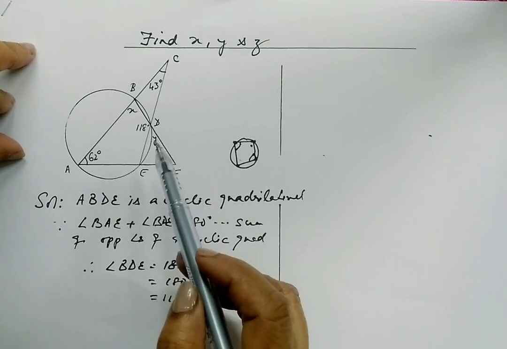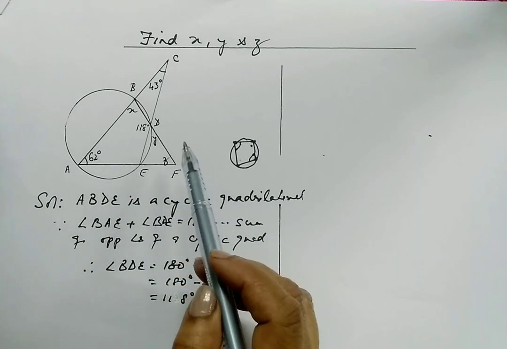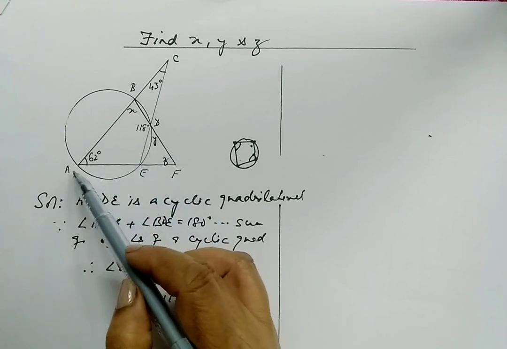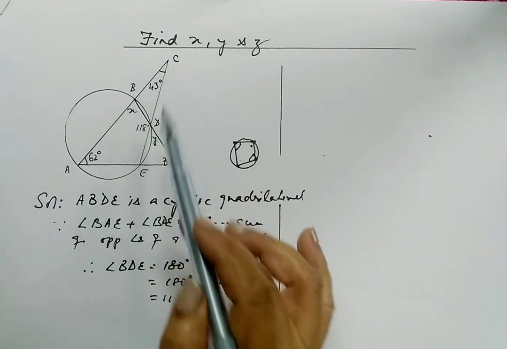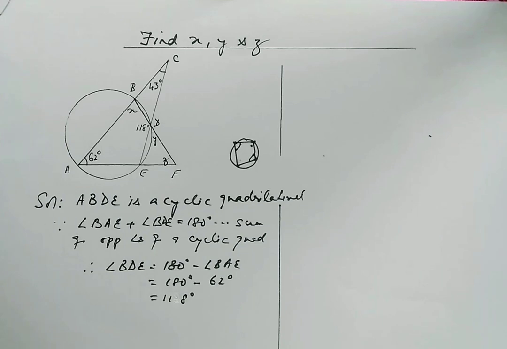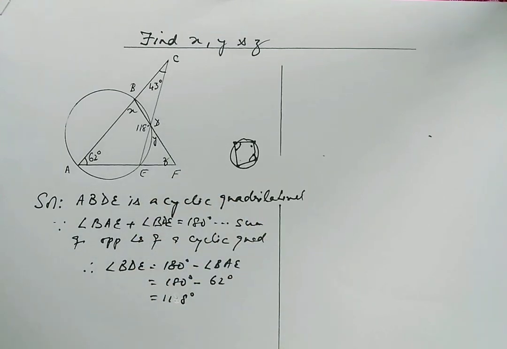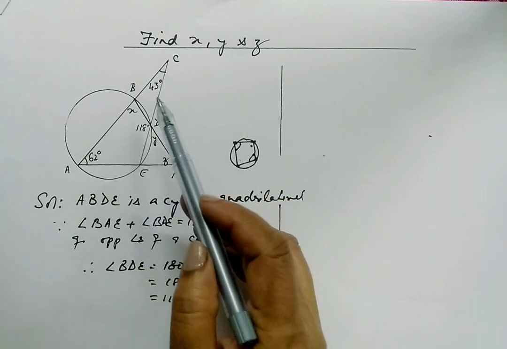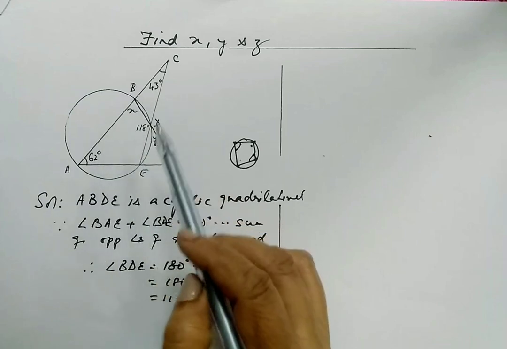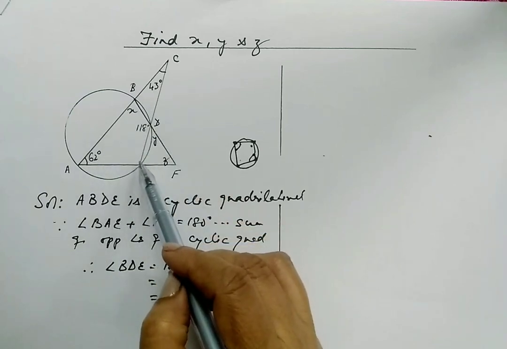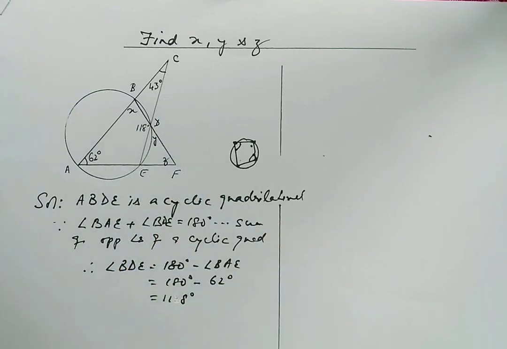Let's do it. We know that ACE is a triangle. You can call it AEC too. Understood? So in this triangle, having got two angles, it's very easy to find out angle AEC, isn't it?